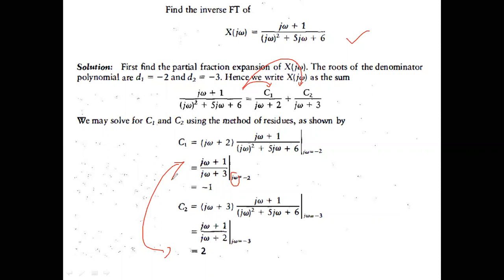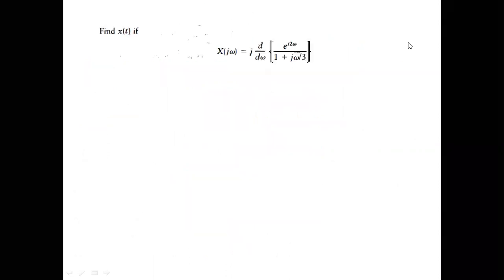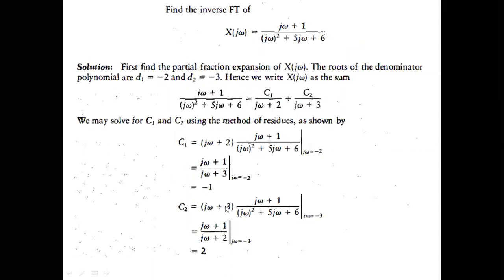In the DTFT, we substituted for e to the power minus j omega. Here we have to substitute for j omega. Otherwise, it's just a partial fraction problem, and based on this, we get the answer.